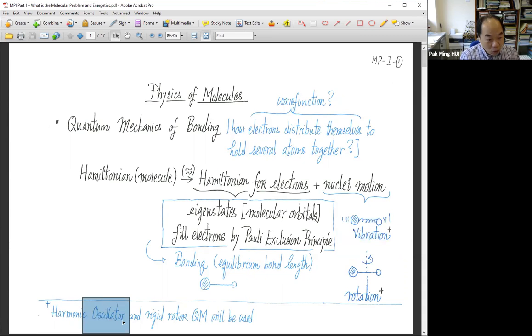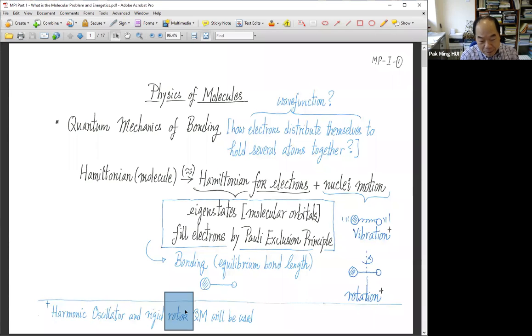You are all well trained in the harmonic oscillator, right? And the rotational problem is just the rotor problem in quantum mechanics. You know the solution is something like Y_lm(theta, phi), okay?